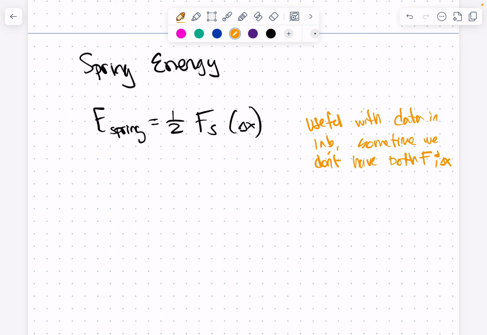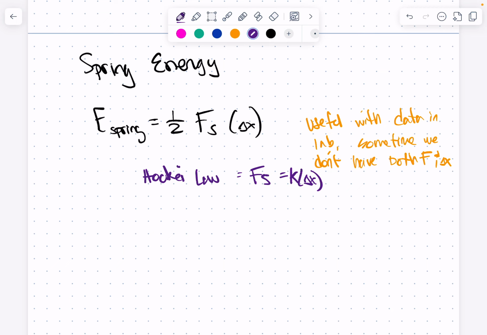So when that happens, we are going to use Hooke's law, which we just developed, and this together. So remember, Hooke's law said the force of a spring equals K times delta x. This is going to be helpful because K never changes. K is a constant of the spring. It's a property of the spring. It doesn't change.